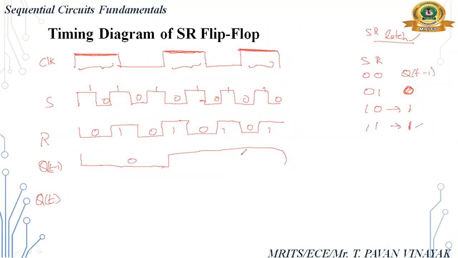This is entire 0, entire 1. Then 1 0 1 0 1. So up to this condition, right? Up to this condition, the latch will work. Okay, latch will work.